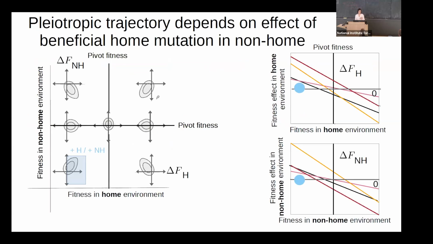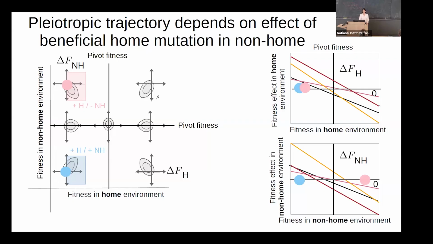And now that I bring back the theory that was developed in our lab, we see here, focusing on this blue genotype, that mutations that are beneficial in the home environment are on average also beneficial in the non-home environment. And similarly, we can do this for the pink genotype, and we see that mutations that are beneficial in the home environment are on average deleterious in the non-home environment.